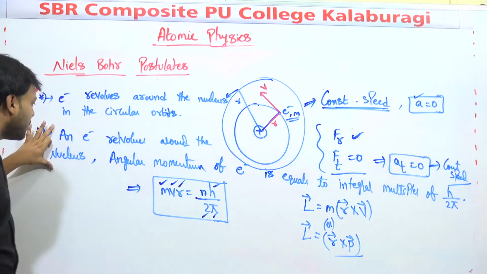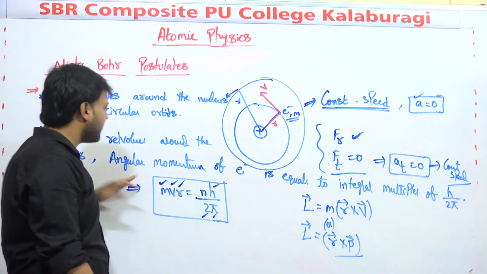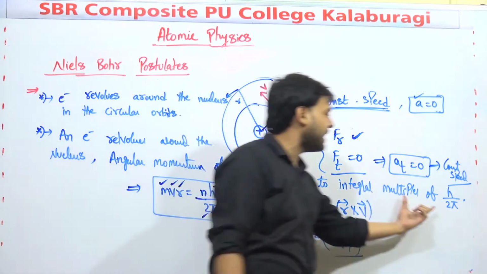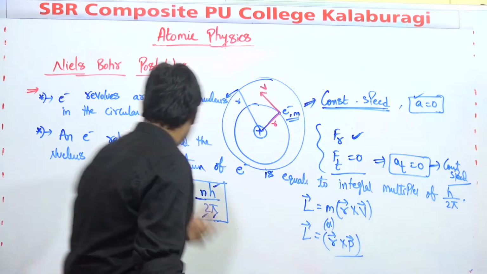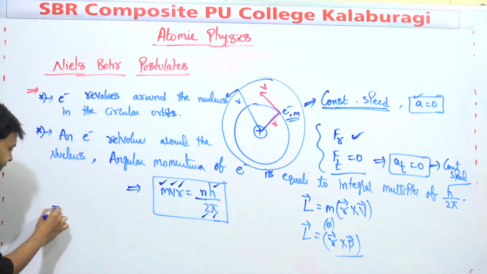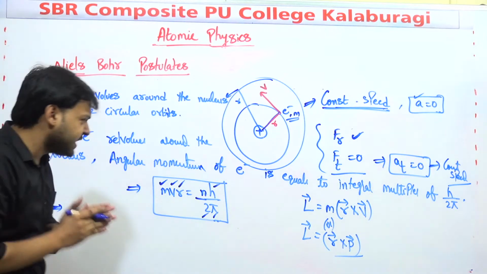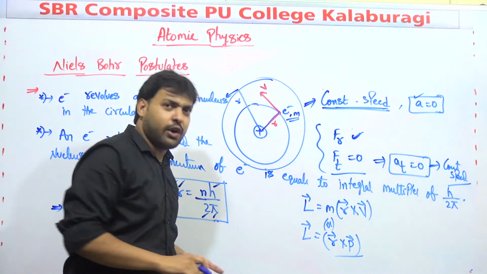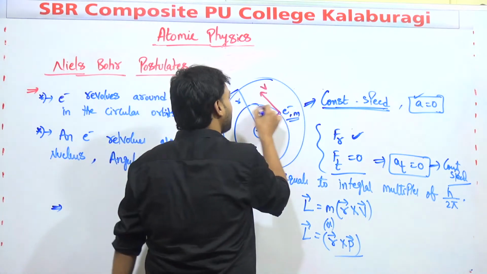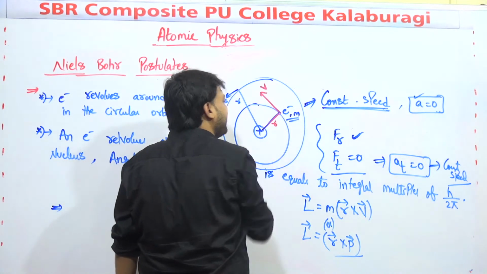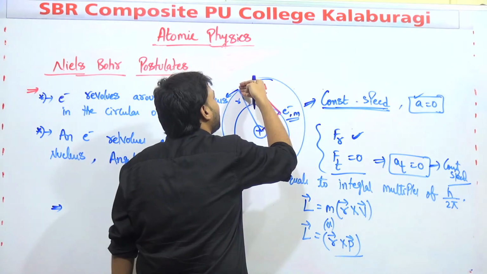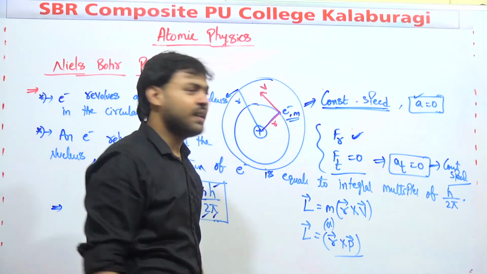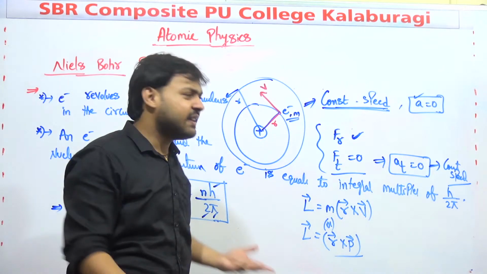So what is the second question? An electron revolves around the nucleus, angular momentum of the electron is equal to the integral multiple of h by 2 pi. Right. Now in the same postulate, try to understand something. So now again what Bohr thought is, okay, the electron is revolving with constant speed here. He changed the orbit, velocity changed, radius changed, and everything changed.